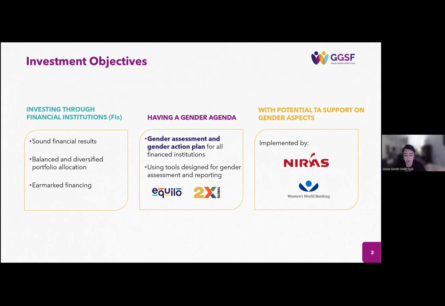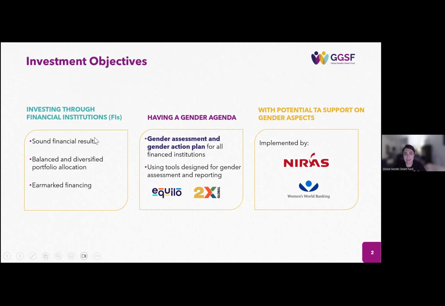And in doing so, of course, it aims to serve this segment. But not only that, it also helps financial institutions into adequately serving women-led and women-owned SMEs as they miss out on roughly 700 billion US dollars in not serving that specific segment.